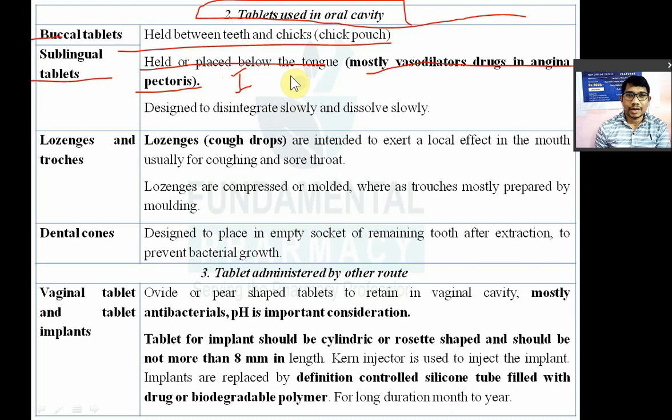Then mostly anti-emetic drugs for vomiting are also given sublingually, like chlorpromazine, prochlorperazine. Whatever is absorbed below the tongue goes directly to the systemic circulation, so the first pass effect is avoided.